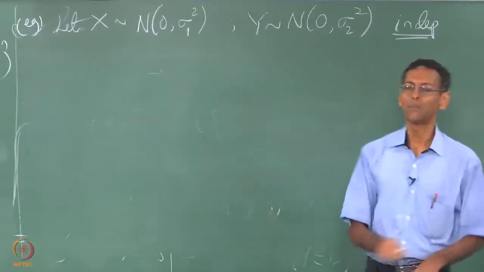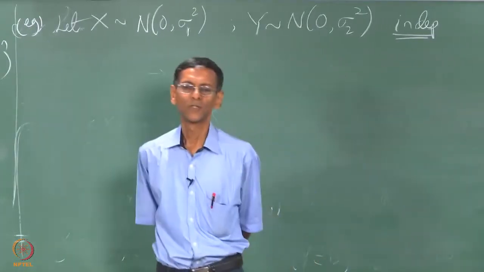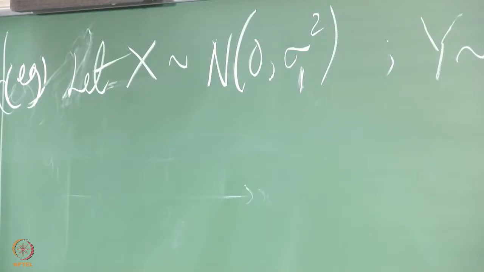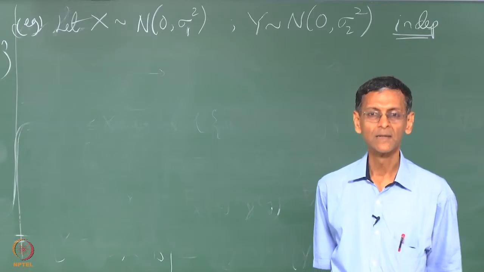So if you now want to combine them, in this case what are omega x and omega y? Both of them are the entire real line.